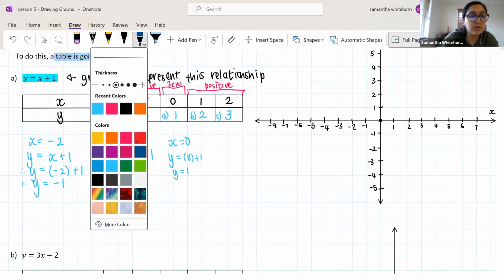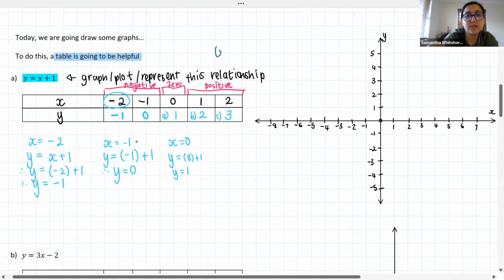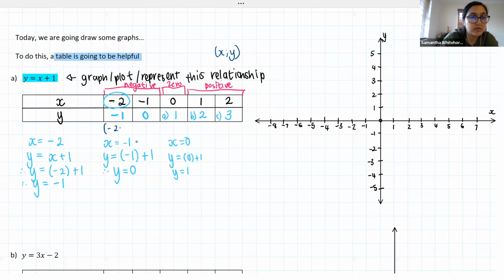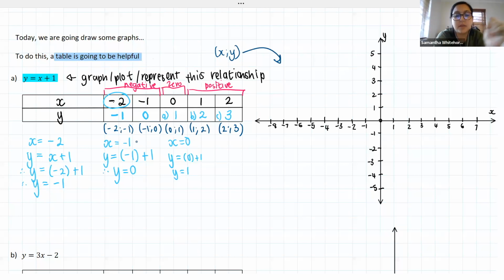If I write those down, remember coordinates are always x first and then y. So my coordinates here are going to be (-2, -1), (-1, 0), (0, 1), etc., etc. And because we have these coordinates, remember, they can now be plotted on our Cartesian plane.